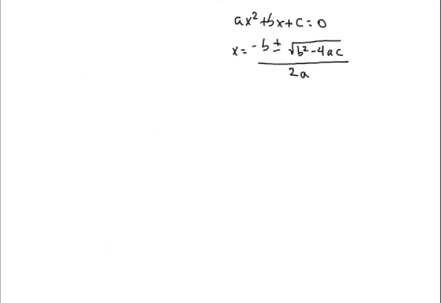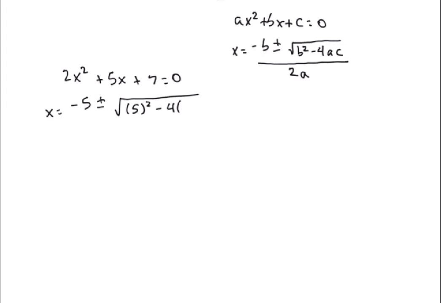Okay, so let's look at one more example. Say we have 2x squared plus 5x plus 7 equals 0. Okay, so we plug this into the formula, and we get x equals negative 5 plus or minus square root of 5 squared minus 4 times 2 times 7, all over 2 times 2.